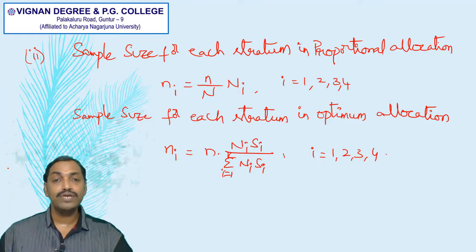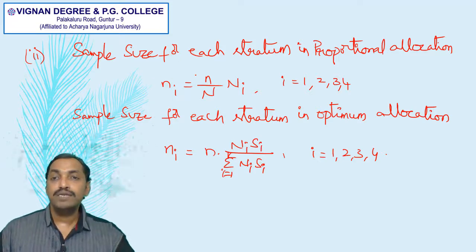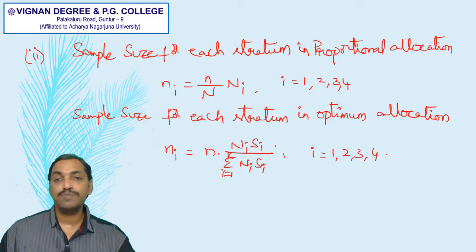Now, we are going to calculate the sample sizes for each stratum in proportional allocation as well as optimum allocation by using the following table.